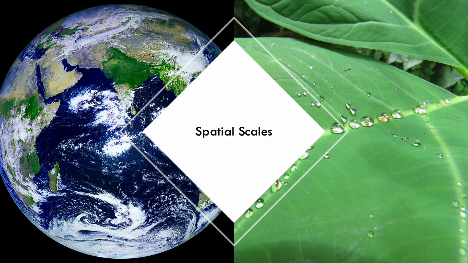What I mean by that is that communities can exist at these vastly different spatial scales. So, for example, a drop of water on the right may contain thousands of different bacteria, which is an ecological community, right? So you have this entire universe, this massive community of organisms in a single drop of water.